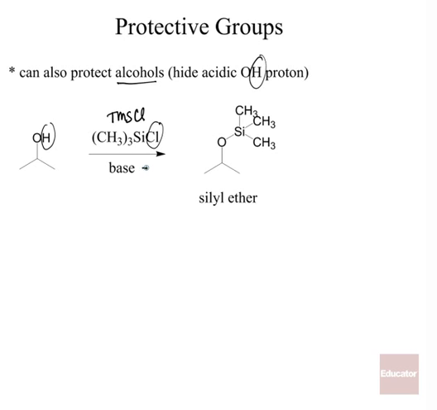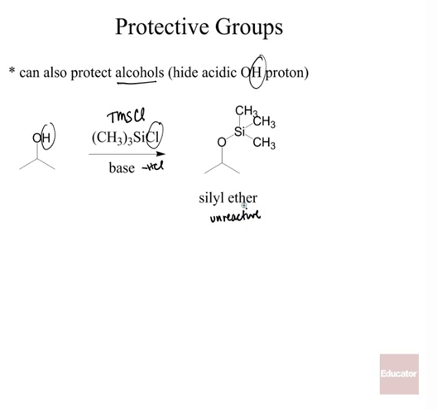Because we are generating HCl, that's why we need the base here, something like pyridine maybe. And what happens is we attach the silicon onto the oxygen. It's kind of like using tosyl chloride to make the tosylate. But when we use the TMS chloride, we get what's known as a silyl ether, and this is another substrate that is very unreactive, kind of like a regular ether.